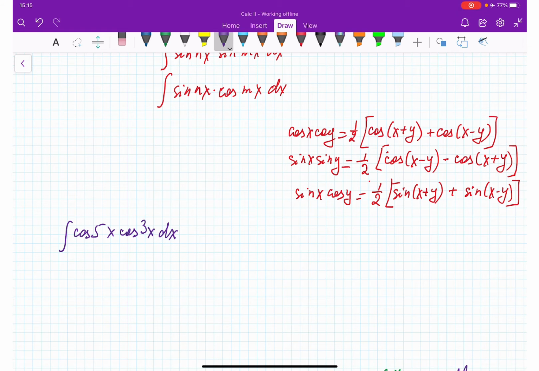Let's open the formula for the product of two cosines. It's going to be equal to 1/2 integral of cosine 8x plus cosine 2x, right? 5x plus 3x, 5x minus 3x, dx.